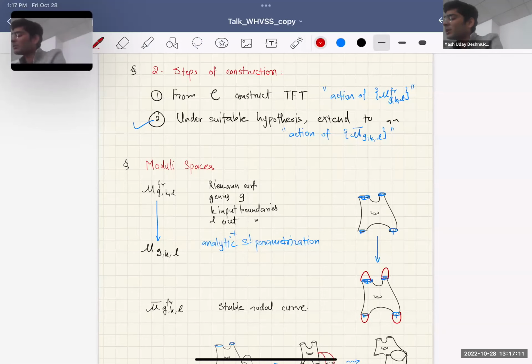So at each boundary, you glue a unit disk using the parameterization and take a marked point at the center of the disk. This gives you the corresponding surface without boundaries. This is the map from framed Riemann surfaces into Riemann surfaces with just marked points, no boundaries.